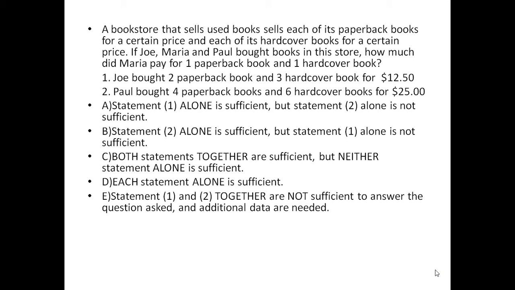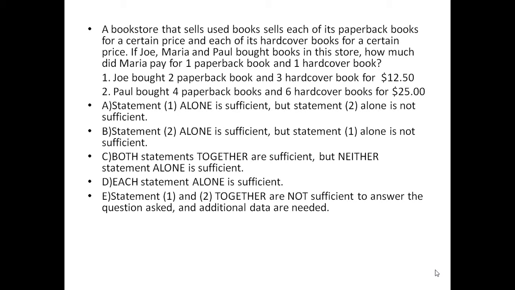Now, they did not tell us what the constant values of the paperback books and the hardcover books are, but they want us to find the total value for one paperback book and one hardcover book. The only two bits of information given are that Joe bought 2 paperback books and 3 hardcover books for $12.50, while Paul bought 4 paperback books and 6 hardcover books for $25.